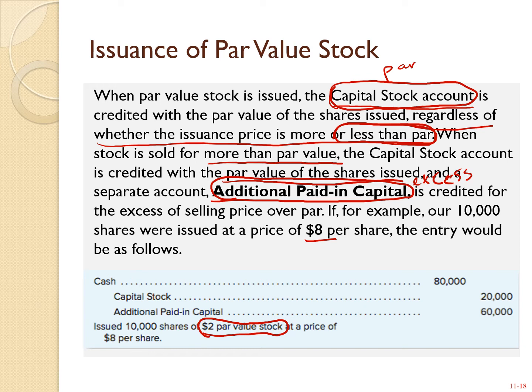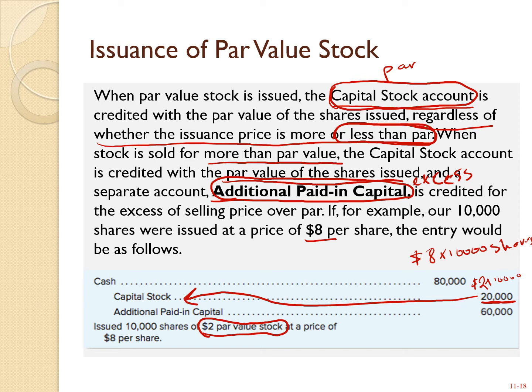Now, the easy part is cash. The company will receive from new shareholders a cash amount of $8 multiplied by 10,000 shares. So $80,000 in cash, out of which $2 multiplied by 10,000 are the par value of those stocks, and this is the capital stock.